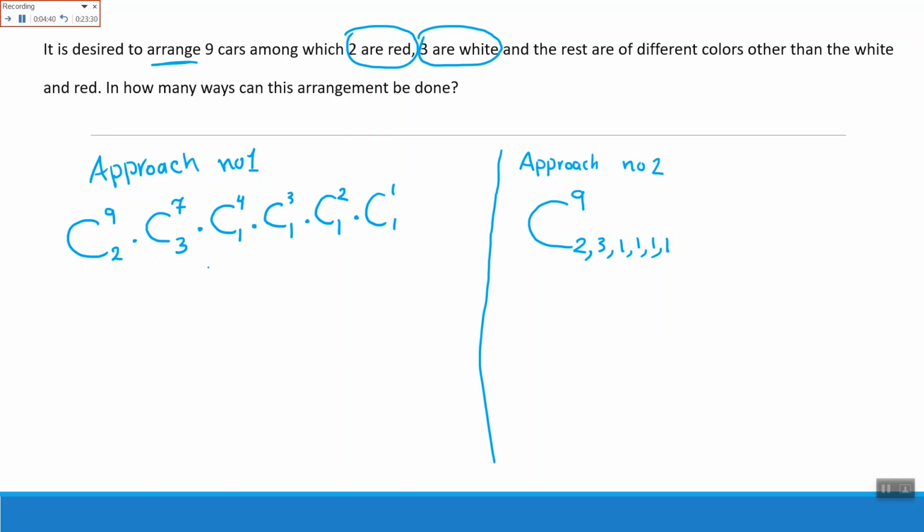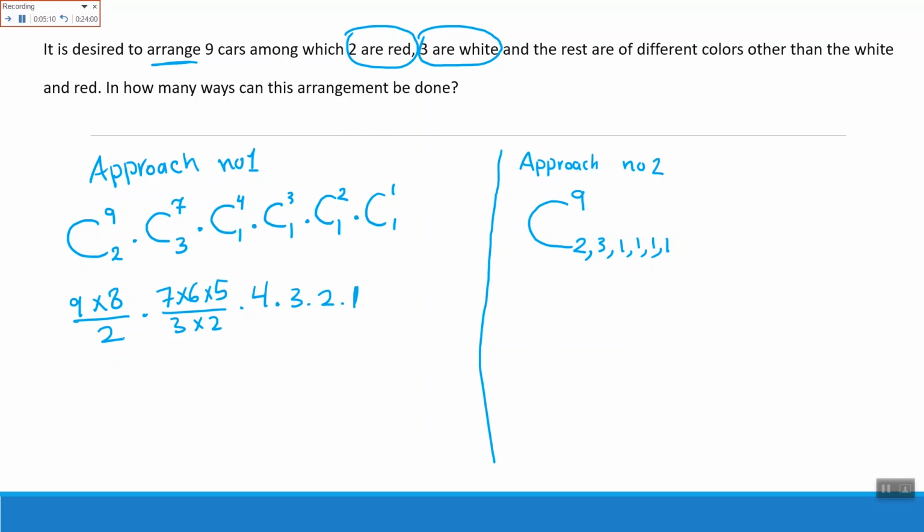After this question, we'll see some other similar questions so that you get the idea when exactly we use these two approaches. The first is 9 permutation 2, which is 9 times 8 over 2 factorial. 7 permutation 3, which is 7 times 6 times 5 over 3 factorial. Combination 4 1 is 4, combination 3 1 is 3, combination 2 1 is 2, combination 1 1 is 1.